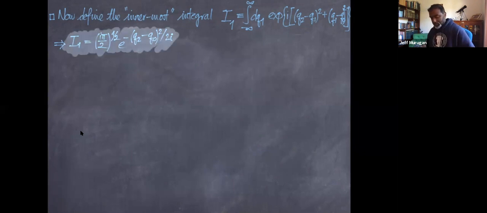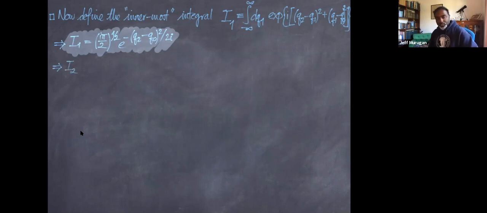The point here is that we use this Gaussian in the Q2 integral, because if I feed this into the integral over Q2, that integral looks like this.